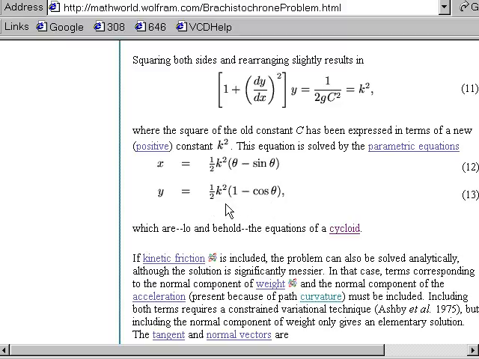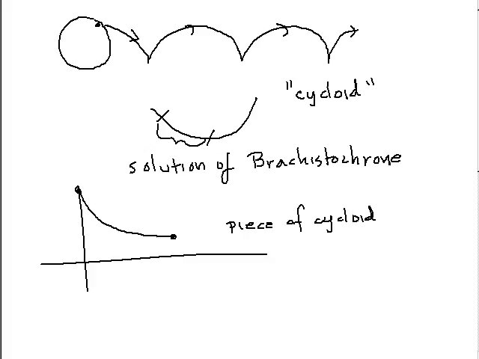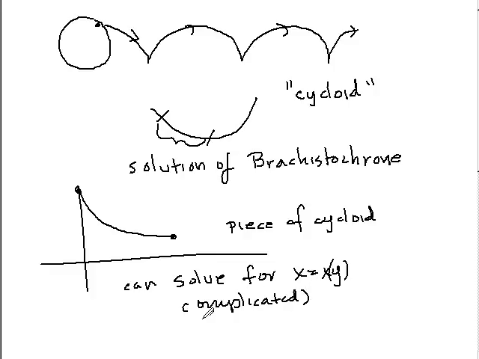Well, I guess what you do here is you can solve for theta in terms of y and then plug in for x in terms of y. So you can get x as a function of y pretty easily, but not y as a function of x. That's more complicated. So I'll mention that briefly. You can solve for x equals x of y. It's pretty complicated, but parametric is just fine.